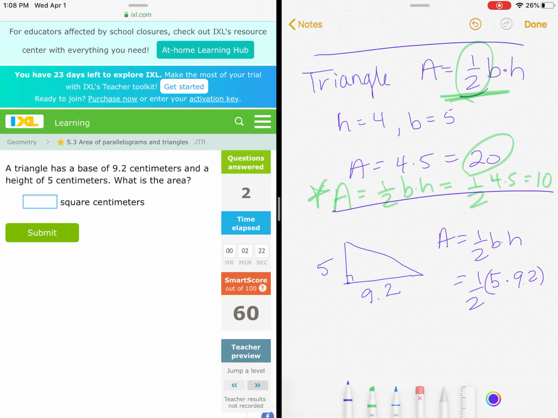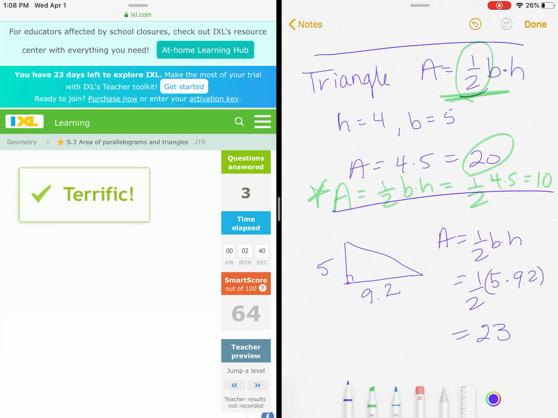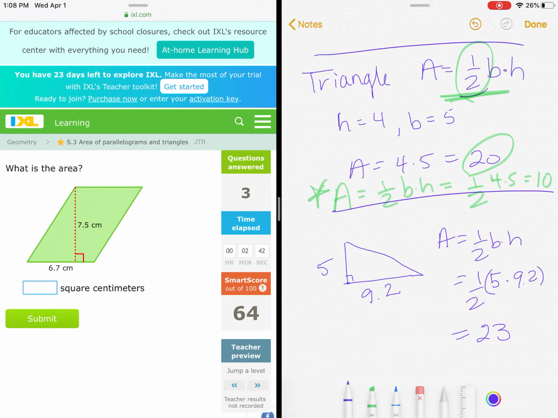So you can use your calculator. So 0.5 times 5 times 9.2 is 23. Okay. So let's see if I did it right this time. All right. So on the ones where it's a word problem, make sure you draw your picture. Okay.